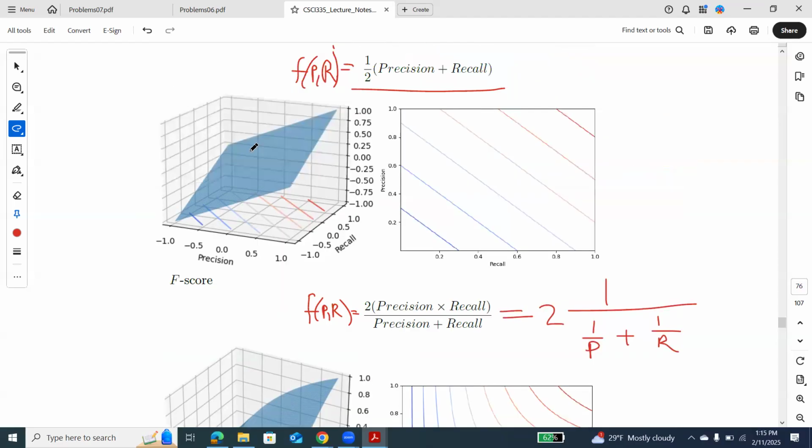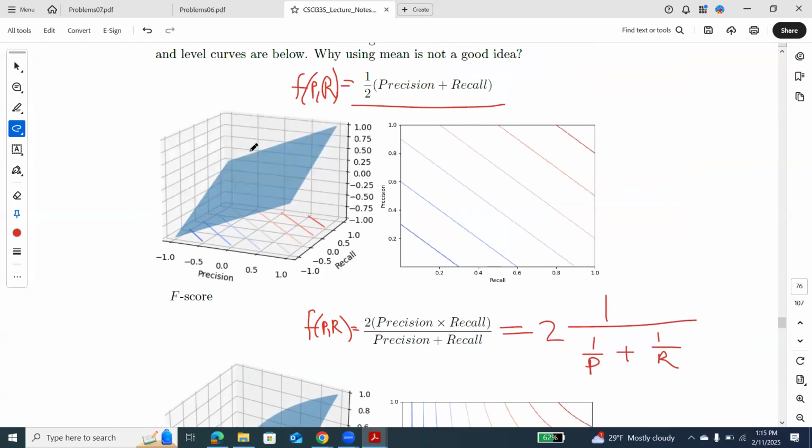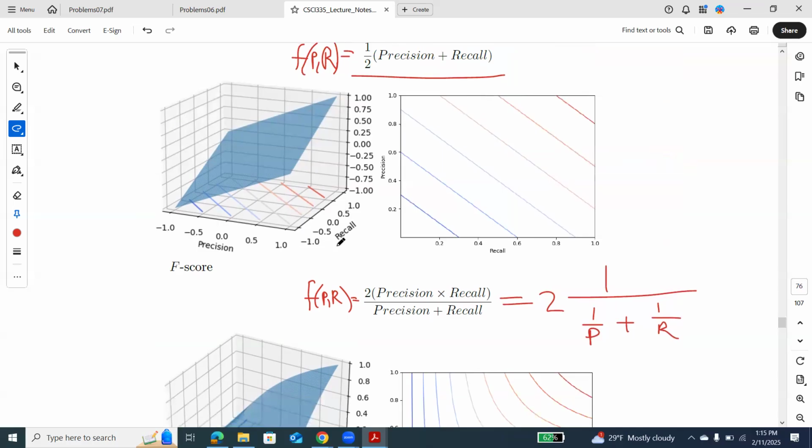And the question is, which function represents better? I will phrase it as follows: when does a high value of the function result in high values of both precision and recall?